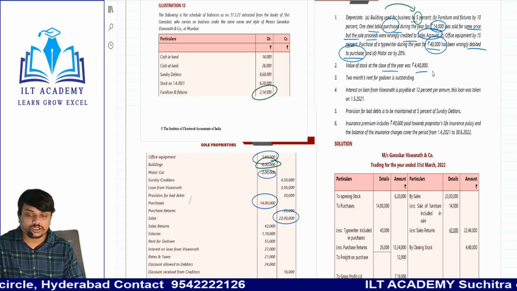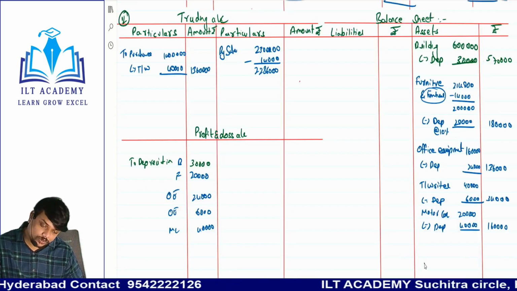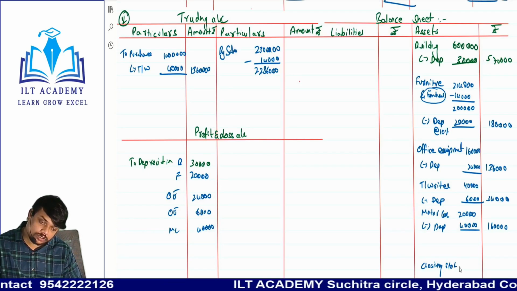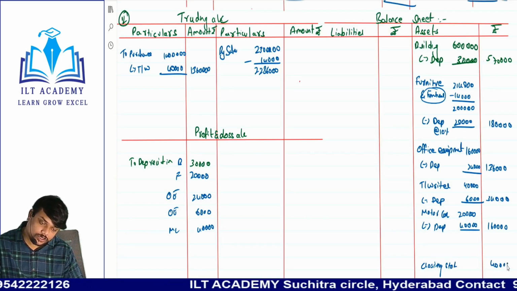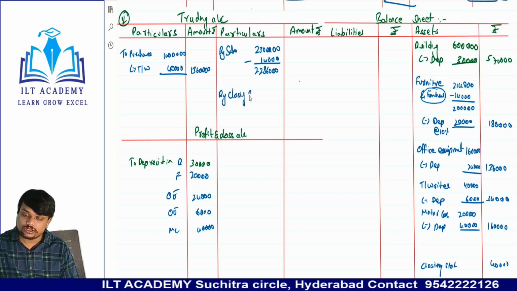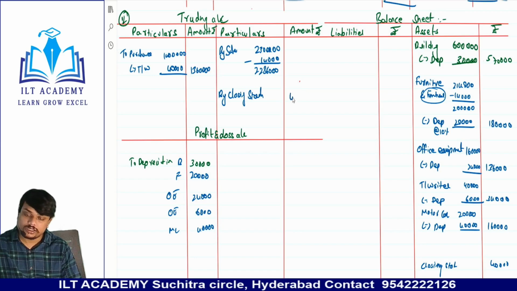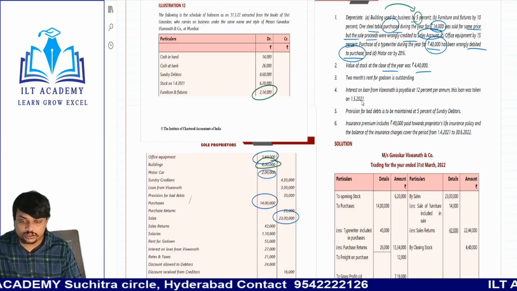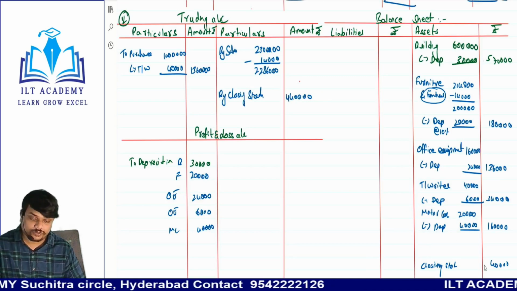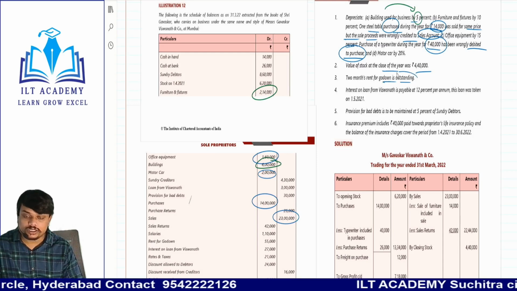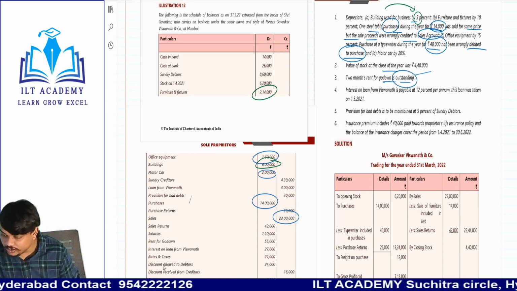Value of closing stock was 4,40,000. Closing stock is 4,40,000. Two months rent of godown is outstanding, and rent given over here is how much?